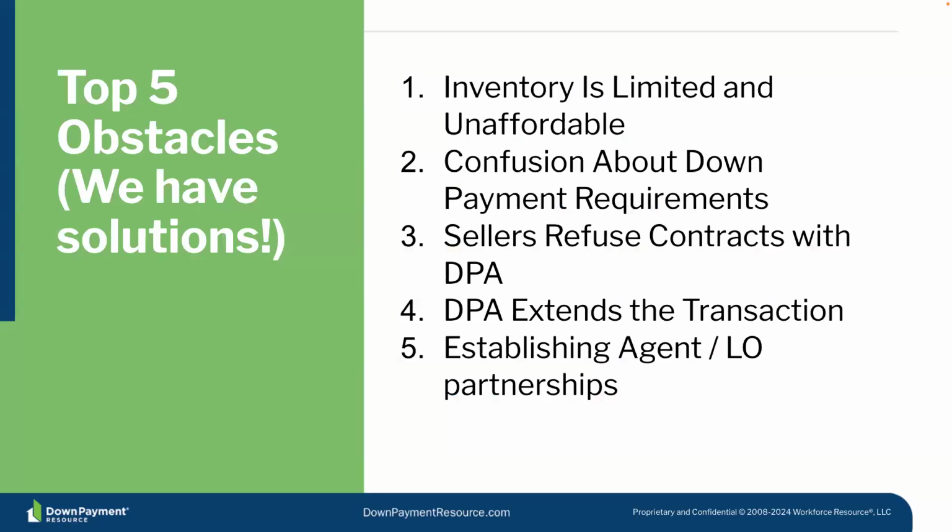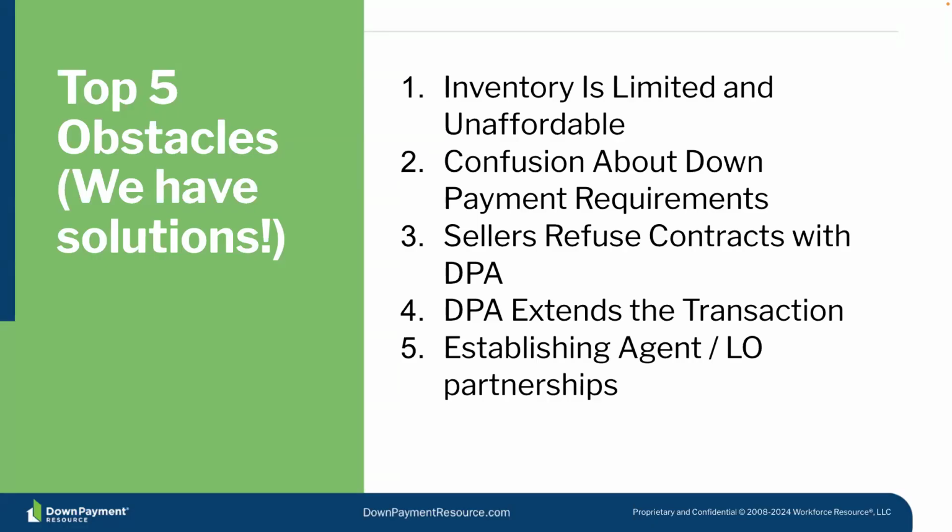let's go ahead and outline the five most common objections or misperceptions we hear about DPAs. The way we'll go about this is we are going to acknowledge and discuss what the issue is, whether it's real or perceived, and then we're going to talk through solutions to these issues and/or debunk some of them. So first, let's tackle inventory.